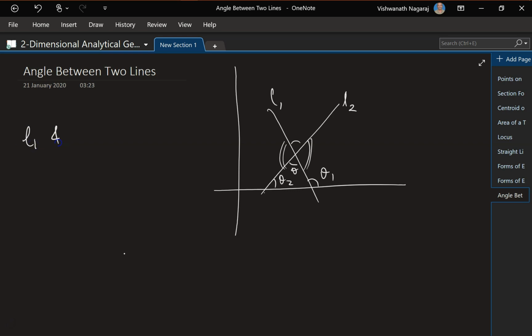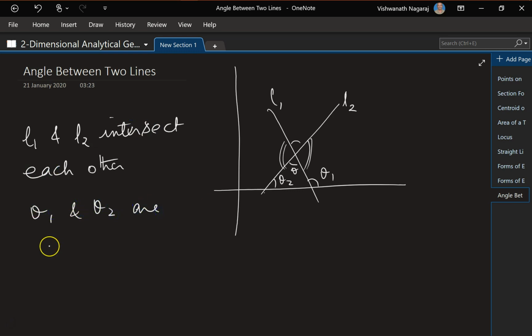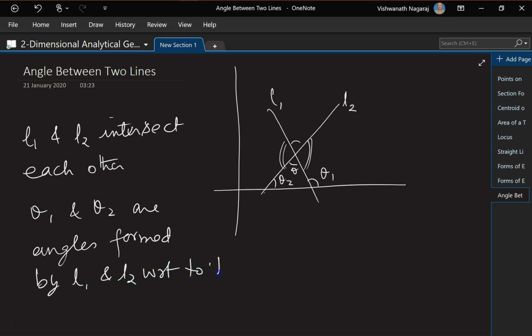So L1 and L2 intersect each other. Theta 1 and theta 2 are the angles formed by L1 and L2 with respect to the positive direction of x-axis.